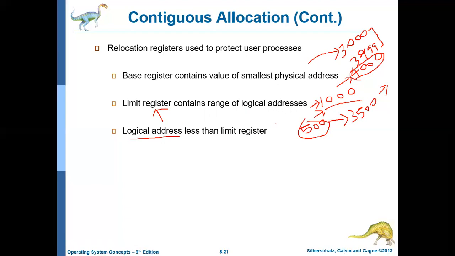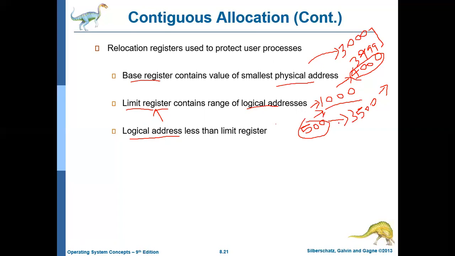Okay, so this is how the concept of logical and physical address works, right? Whatever is stored in the base register will always be a physical address. Whatever is stored in the limit register will always be a logical or relative address. The CPU initially creates a logical address, and that will be compared with the limit register to ensure that the value produced by the CPU is less than the limit register.